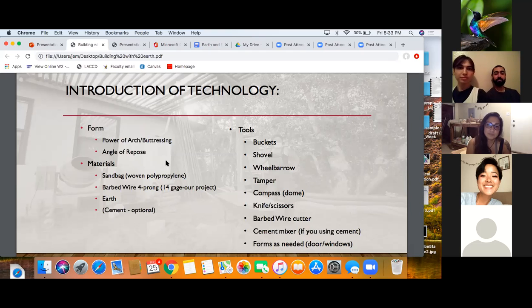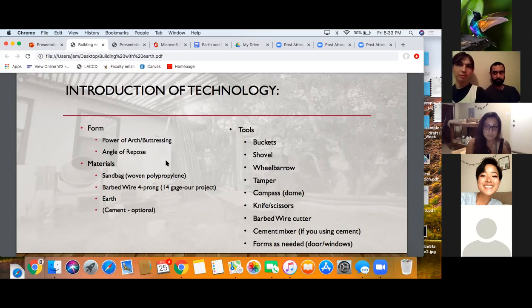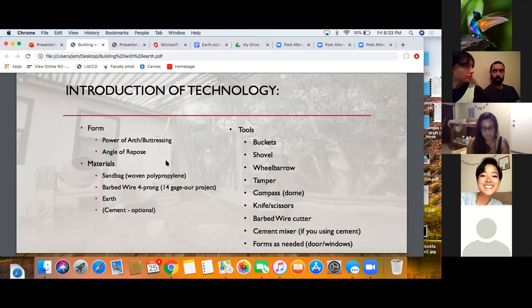Someone had asked earlier about how long you all would think it would take to build a 12-foot diameter dome with 4 people.